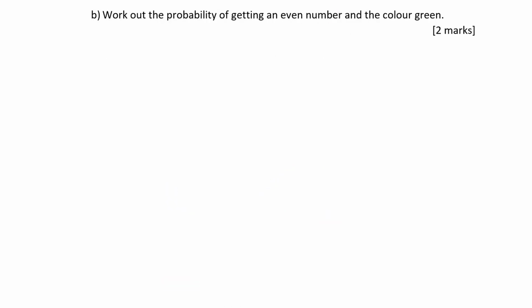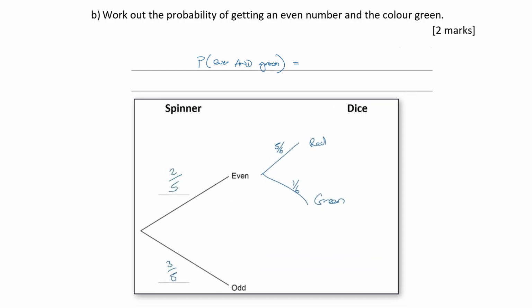Right, for 16b, work out the probability of getting an even number and the colour green. So we want the probability of even and green. And means multiply with these things.